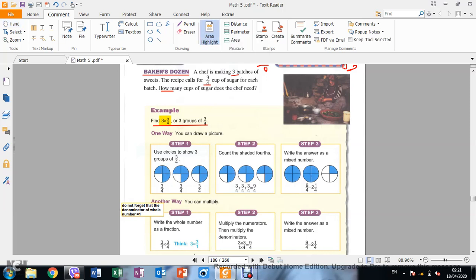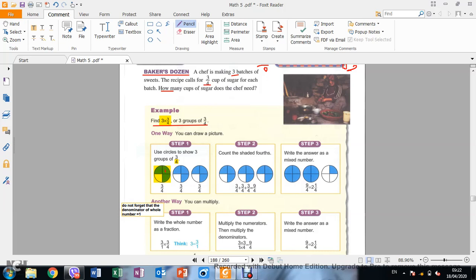This 3/4 model: our denominator is 4, yes, look. So the circle we divide into 4 parts.